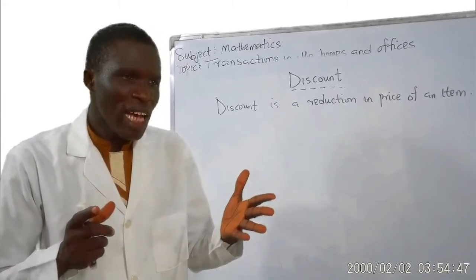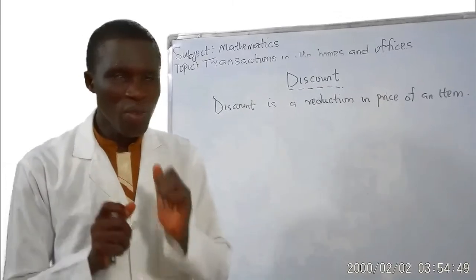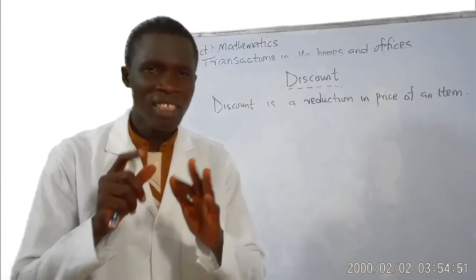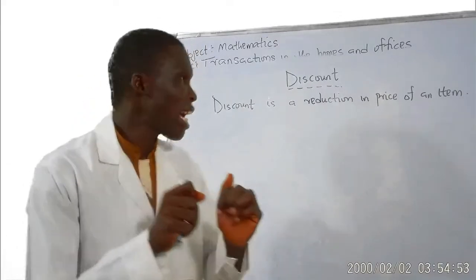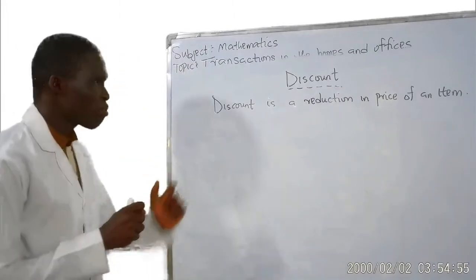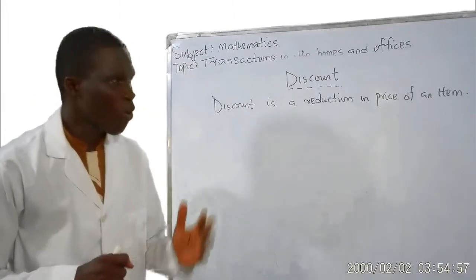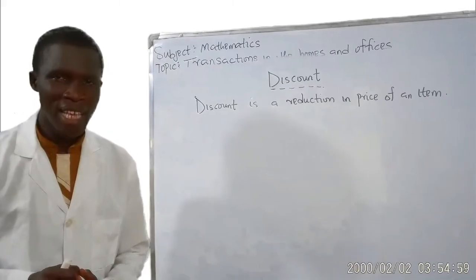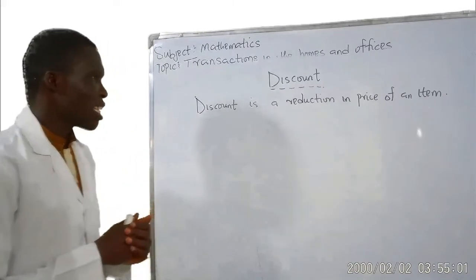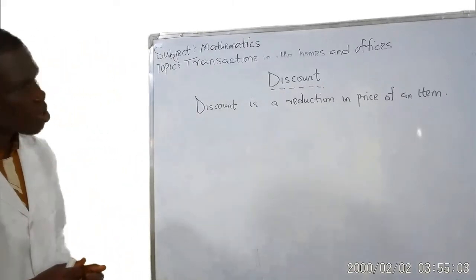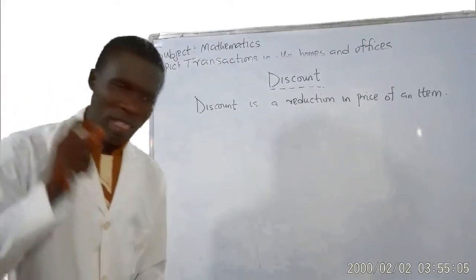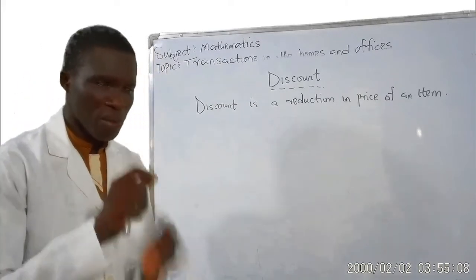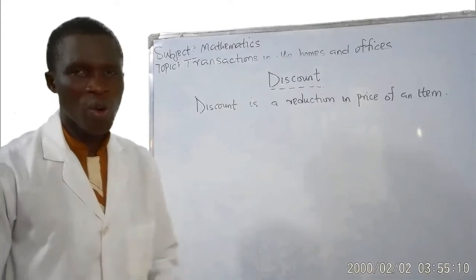And the owner of the good said, I'm going to give you 5% discount. That is telling you that discount is a reduction in the price of an item. When you reduce the price of a particular item, that is what we call discount.